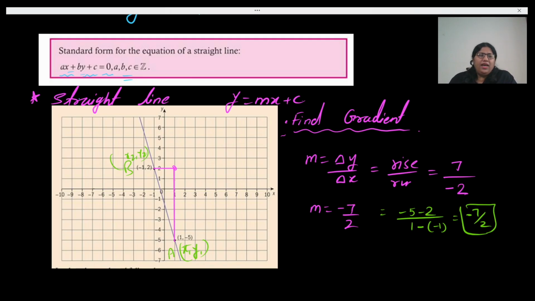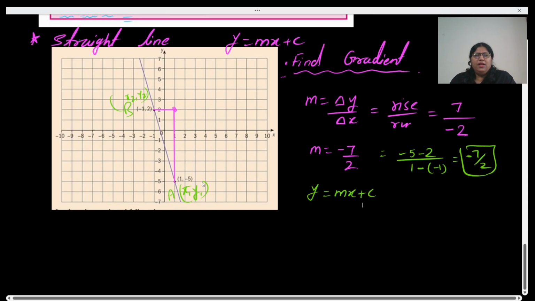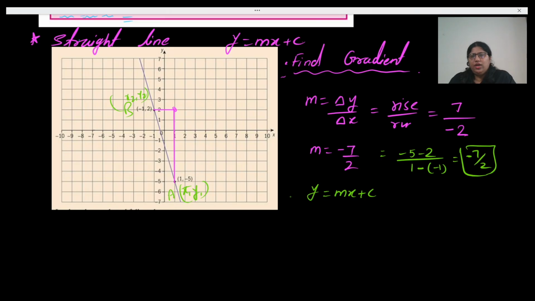You got it. Now where this line is cutting the y axis, that's called y-intercept, right, which is going to be your c value. If I need the exact value, y is mx plus c, because this is exactly in the middle, you can take 1.5 directly. You can see here it is 1.5, or you can substitute one of the coordinates to get the value of c.